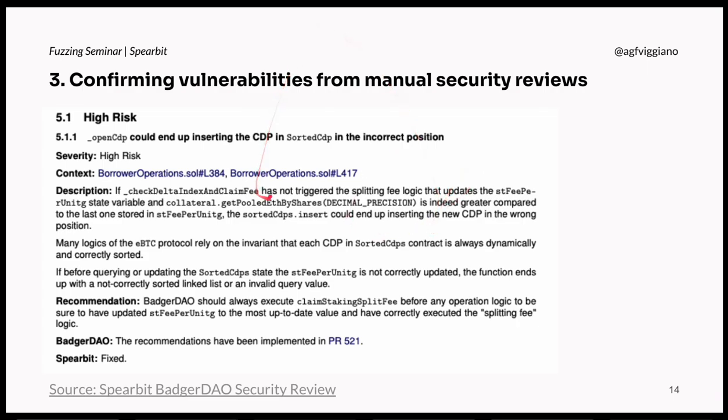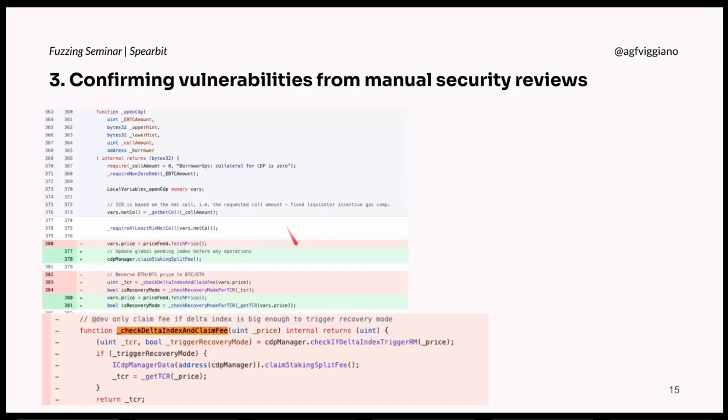Spearbit found the vulnerability, and the team fixed it by making sure that the global index of stETH was up to date before any operation. So they included this kind of synchronization call before any operation.